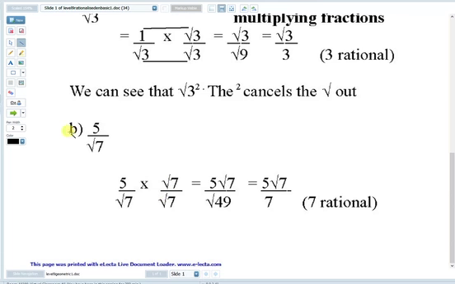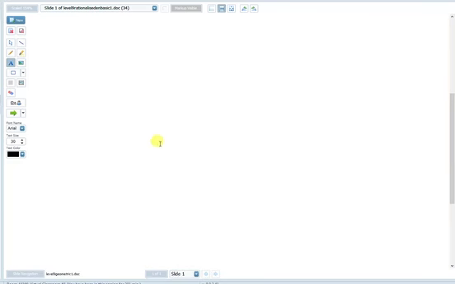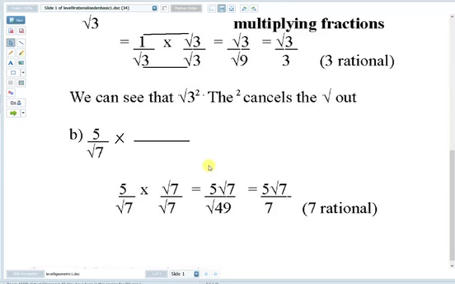Basically it's 5 over root 7 times by the denominator over the denominator.